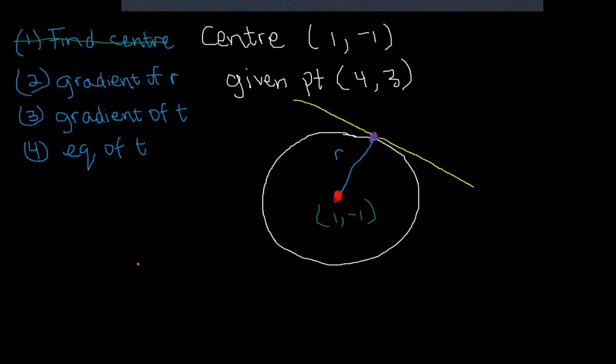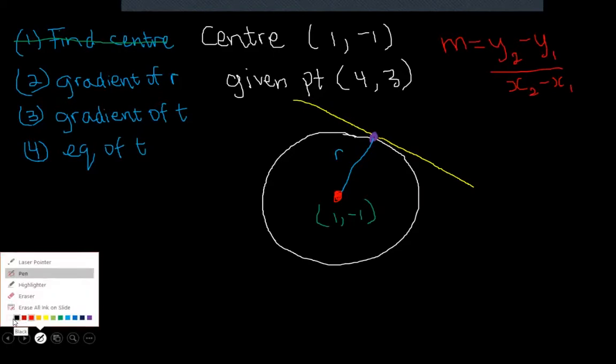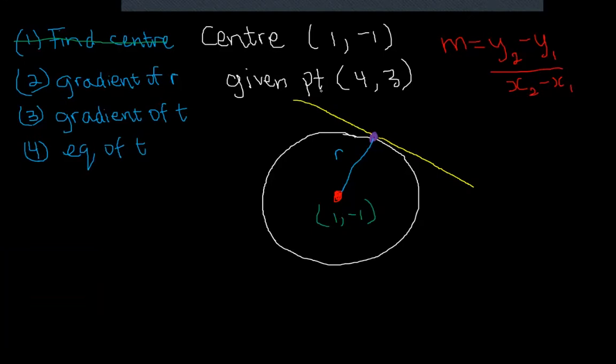So gradient. We know that the formula for gradient, looking up here, m, which also means gradient, is equal to y2 minus y1 divided by x2 minus x1. The first thing we want to do is to identify our coordinates. So the x and y values of our coordinates. This is the center in green, (1, -1), and they told us that the point was (4, 3).